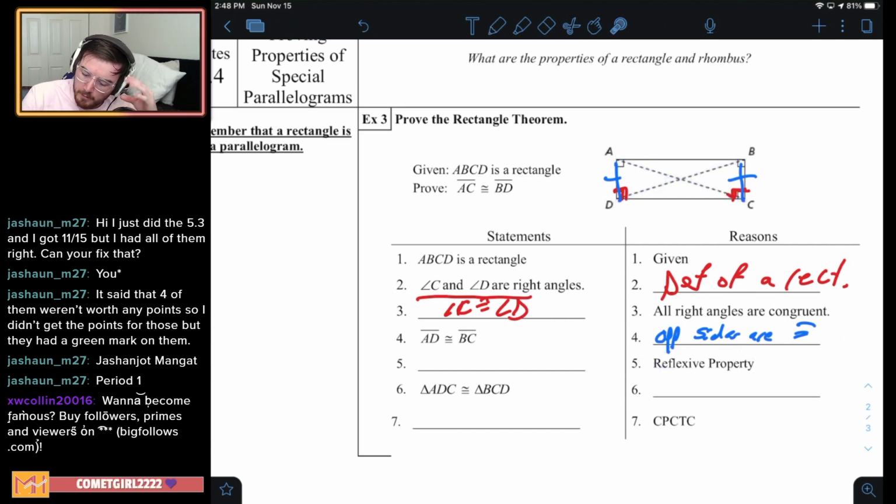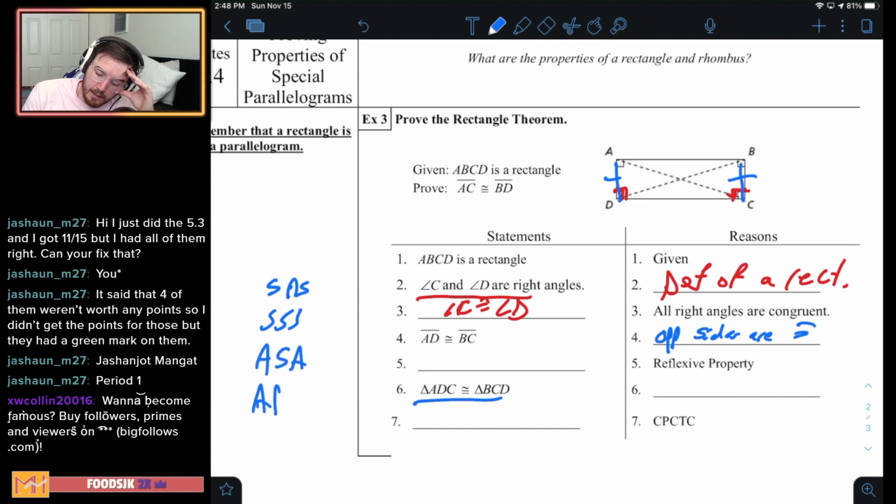Do you see what we're going for here with ADC and BCD? ADC is this triangle and BCD is that triangle. We have a side, we have an angle. And remember, how do we prove triangles congruent? SAS, SSS, ASA, AAS.